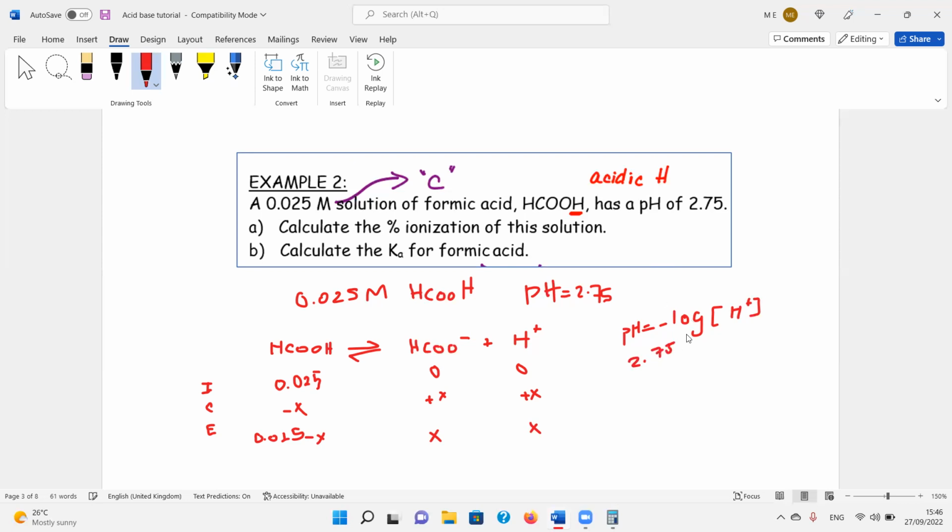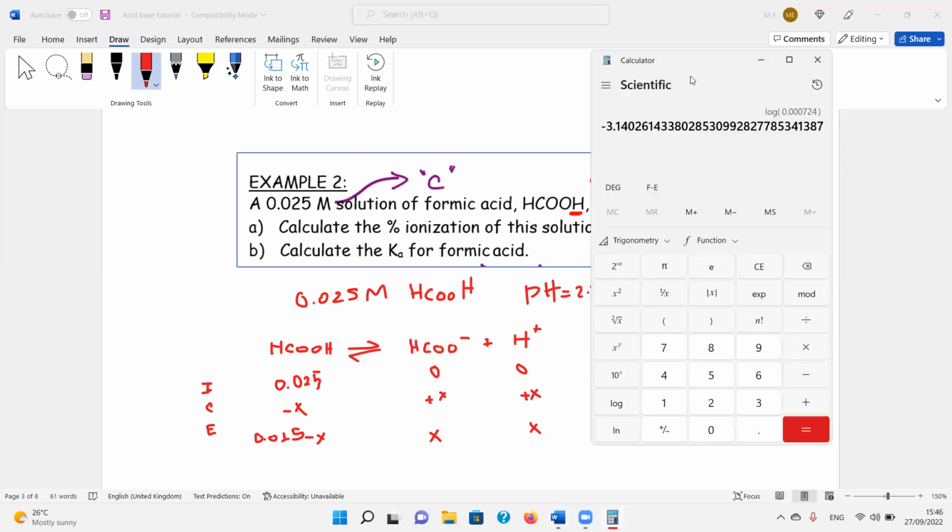If we want to find the concentration of hydrogen, we need to do the anti-operation of this, which means this will be 10 to the power of minus 2.75.